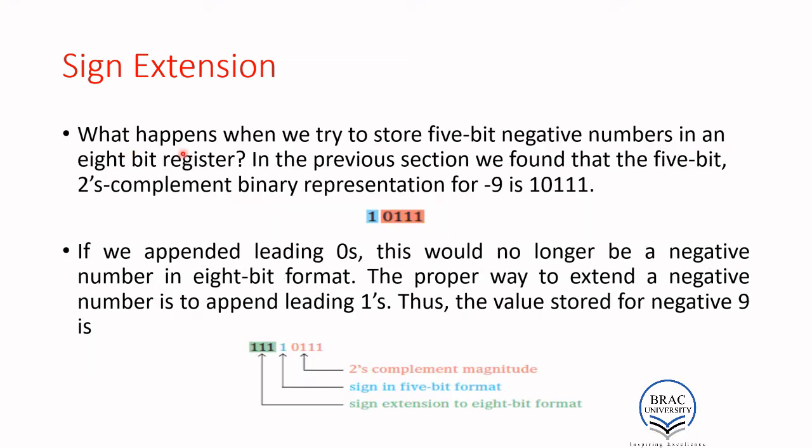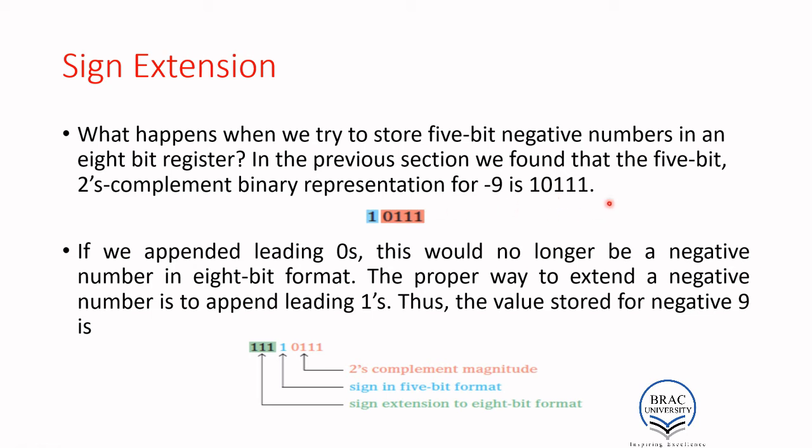So what happens when we try to store a 5-bit negative number in an 8-bit register? In the previous section we found that the 5-bit 2's complement binary representation for minus 9 is 10111, right? This 1 represents the sign bit for minus 9.